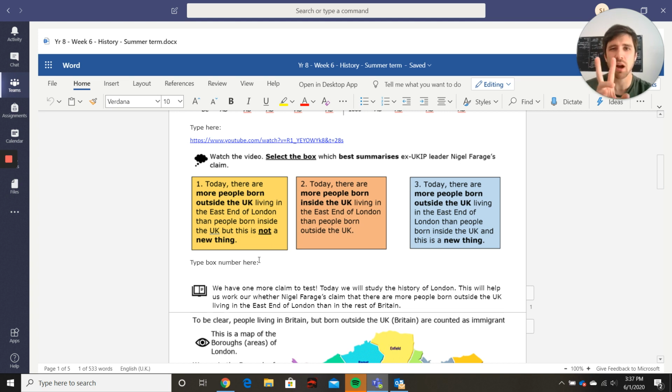And really, he's kind of making two claims here, but both of them are summarized in one of those coloured boxes. So read the boxes, decide which you think matches what he says in the video, and then type the number of the box where it says type box number here underneath. Should take you about 2.5 to 3 minutes. Pause the video here, complete that task now.